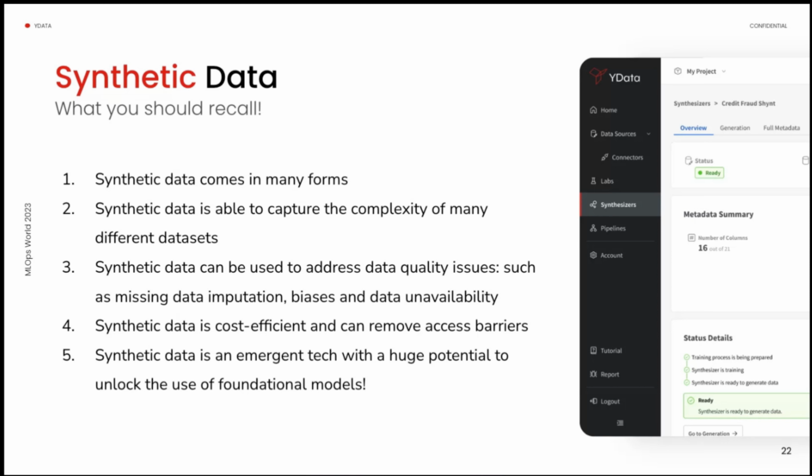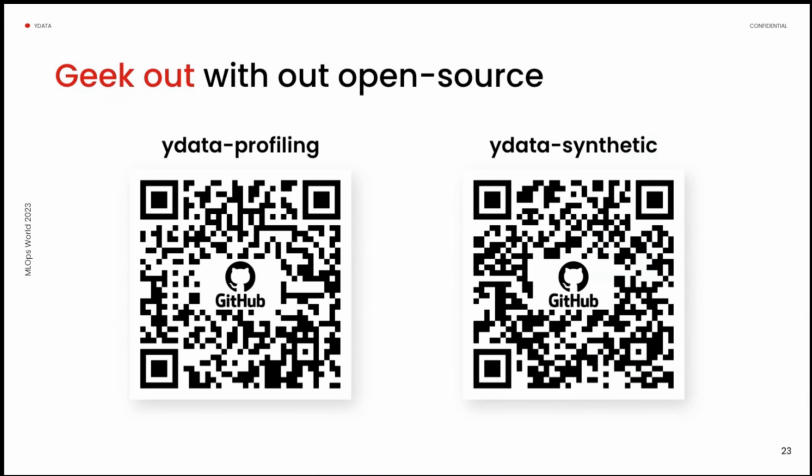Just to wrap it up, what libraries, if any, are out there to generate synthetic data? There are many. It depends on the type of data that you are dealing with. I can tell you that we have open source for that. If you access YData Synthetic, it's our open source for synthetic data generation.